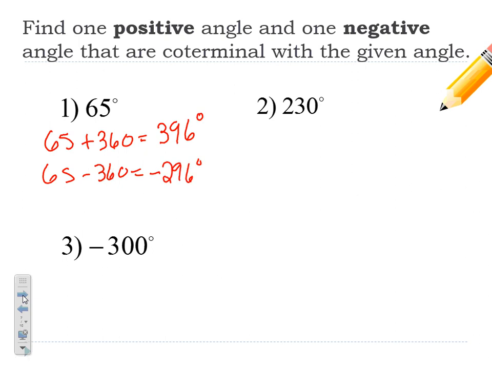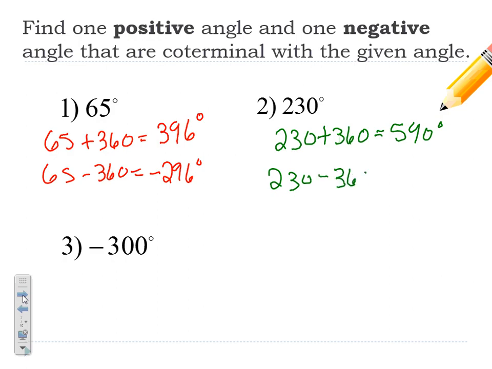Same thing with 230. I'm going to take 230 plus 360. And I get 590 degrees, and then I'm going to take 230 minus 360, and I'm going to get negative 130 degrees.